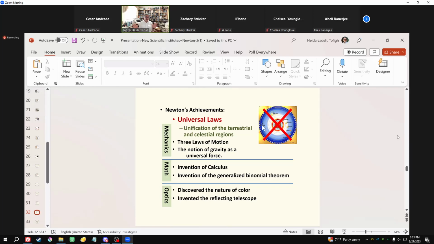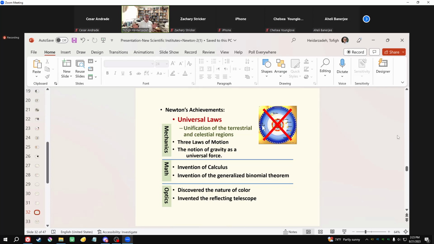The second law is again connected to the first law. When you change the state of the motion of an object, which has mass, obviously, all objects have mass, you have to apply a force. And then force and mass and the change in the state of the motion have a relationship, which we call F equals ma.